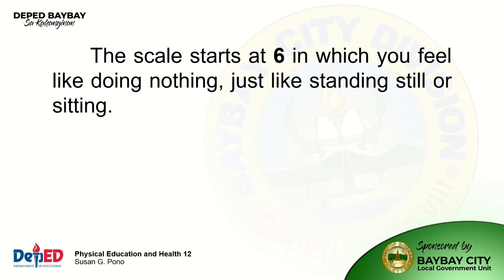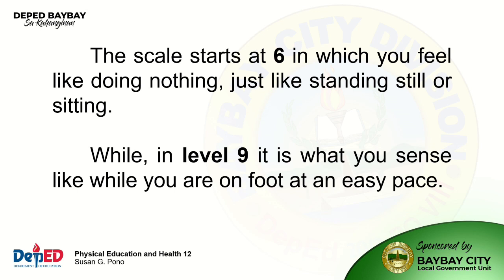The scale starts at 6, in which you feel like doing nothing, just like standing still or sitting. While in level 9, it is what you sense like while you are on foot at an easy pace.